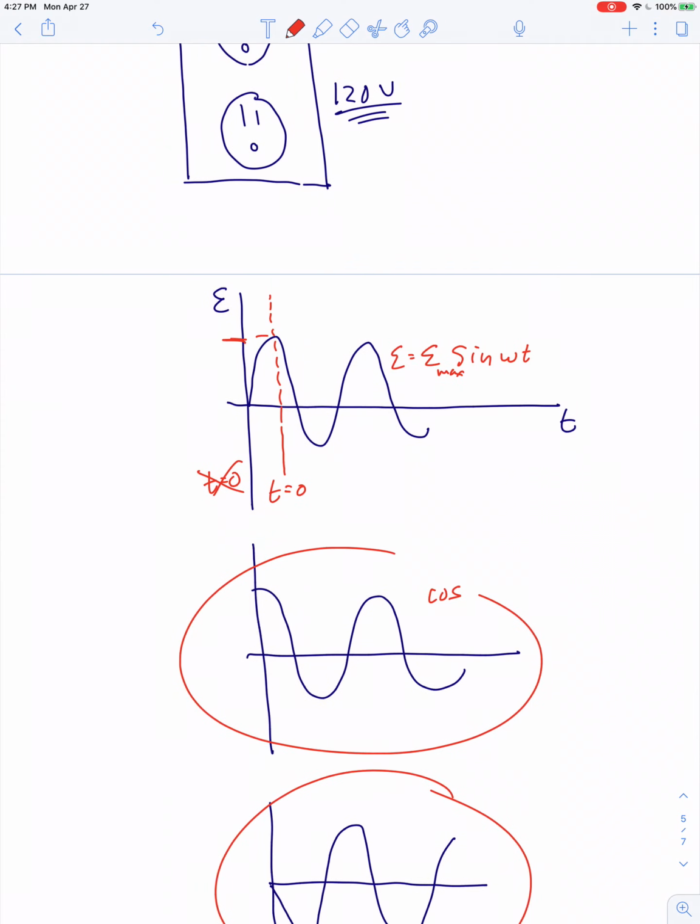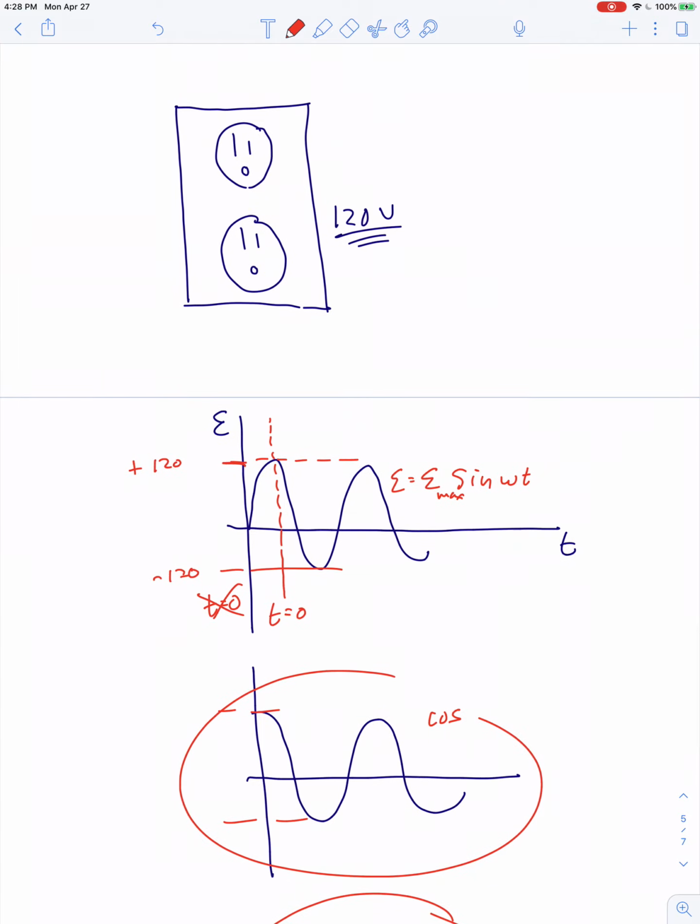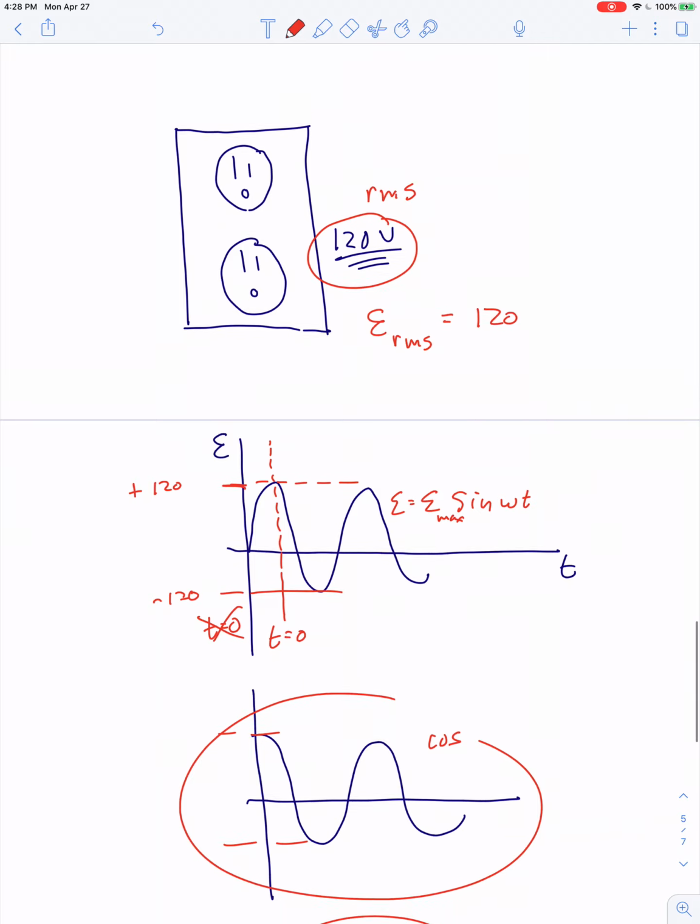Anyhow, here's what I'm getting at. What's the peak value then in all these graphs? Is that what we mean when we say it's 120? Positive 120 to negative 120? Well, no. The RMS value of the voltage is 120 volts. Yeah, for a standard outlet, the RMS voltage is 120. So what's the maximum? What's the peak voltage in this graph?